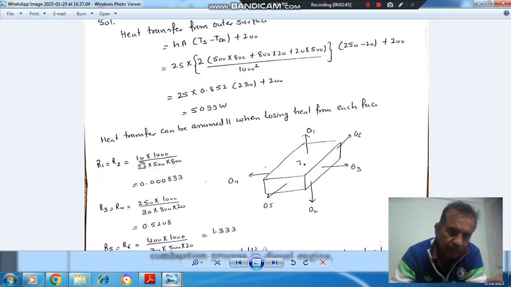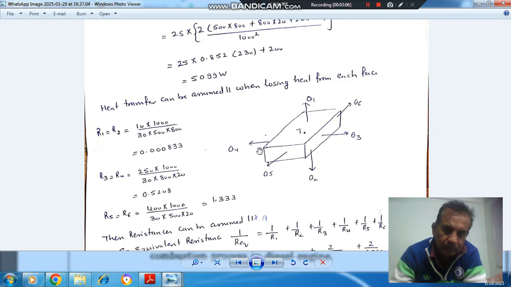So the ultimate result will be 10 into 1000 divided by 30 into 500 into 800, because the 30 is in watt per meter per degree. So that is your R1 or R2, and they would be the same, because the thickness we are taking is midpoint and up.